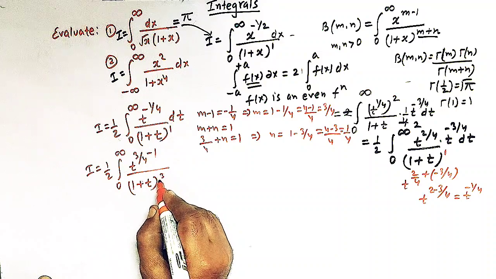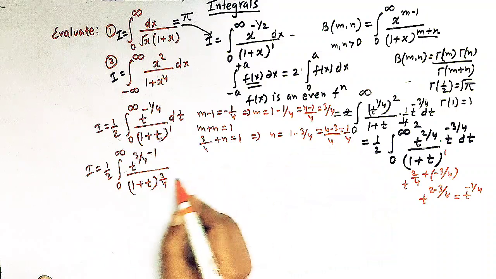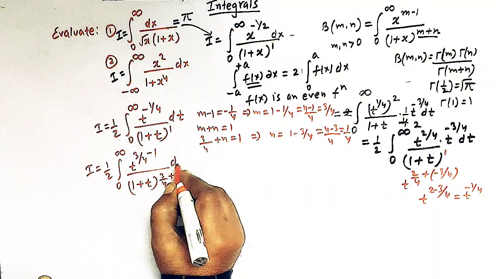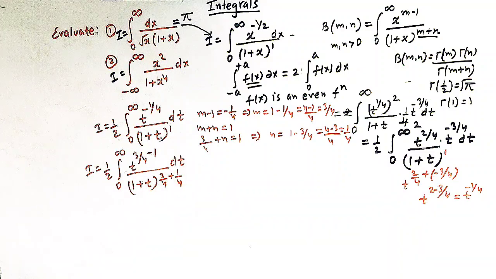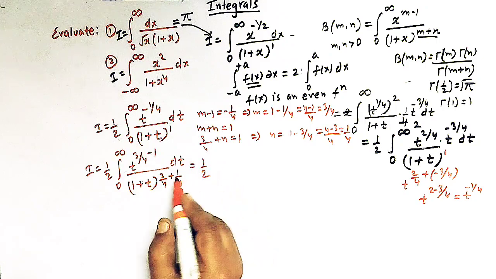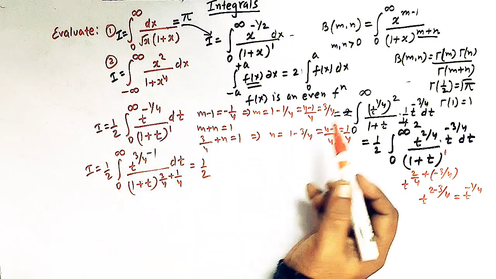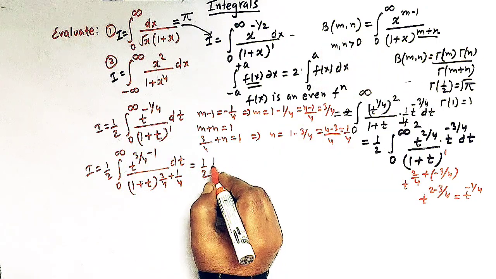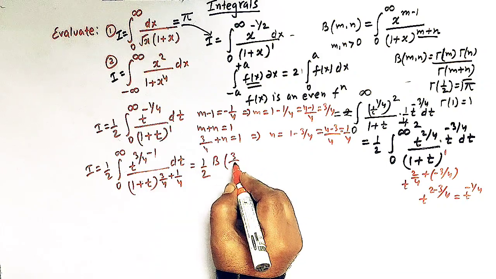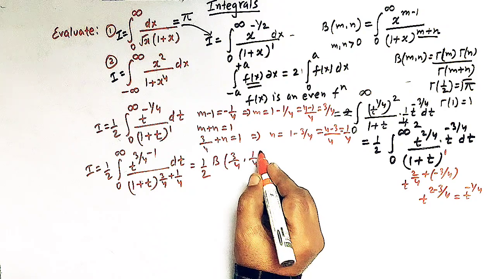So m is 3 by 4 and n is 1 over 4, and here we have dt. So now we have half, and this integral is given by the beta function. So beta m comma n, we have 3 by 4 and 1 over 4.